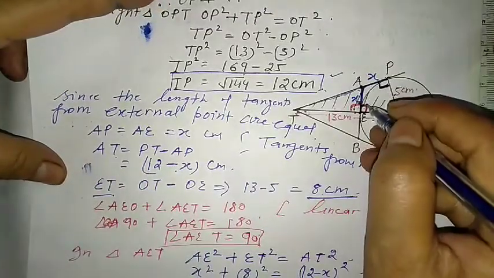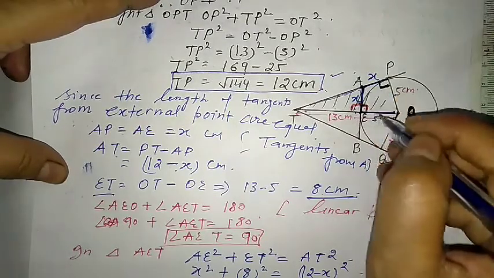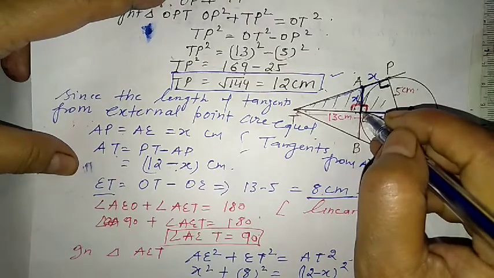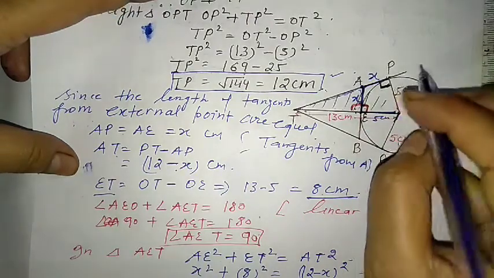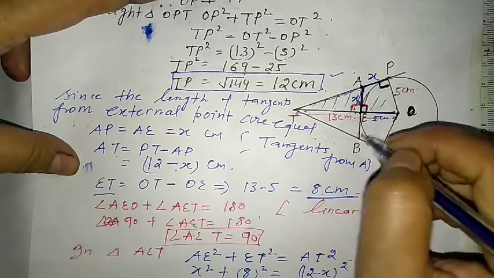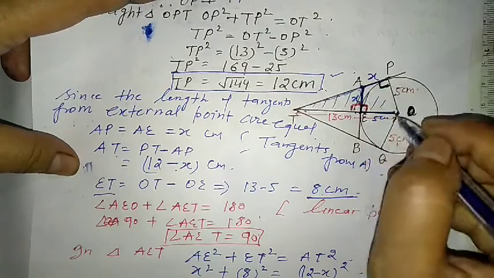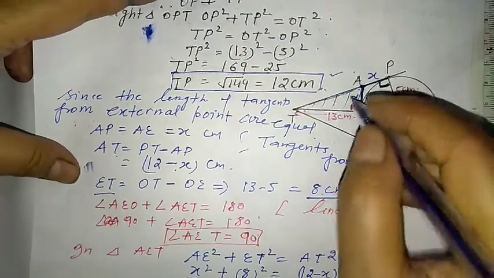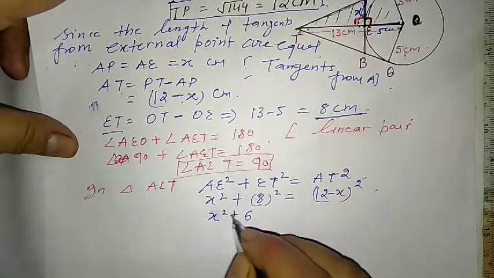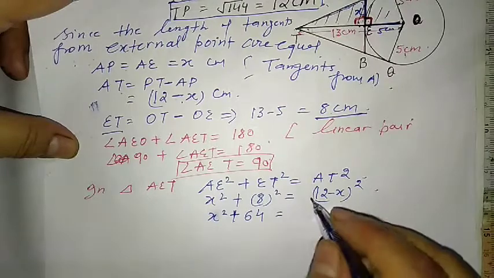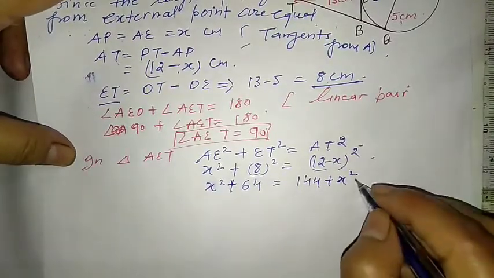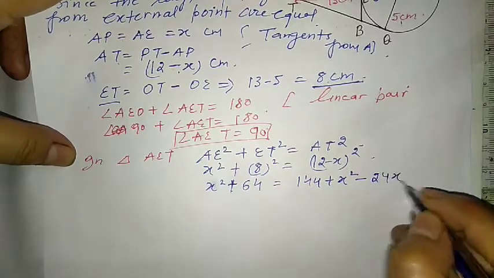X will come, and we know that also by the theorem that we have read in our 9th class. This is the perpendicular, and we have done this theorem already. The perpendicular will bisect the chord here. So we got x square plus 64 is equal to, open the bracket, 144 plus x square minus 24x.